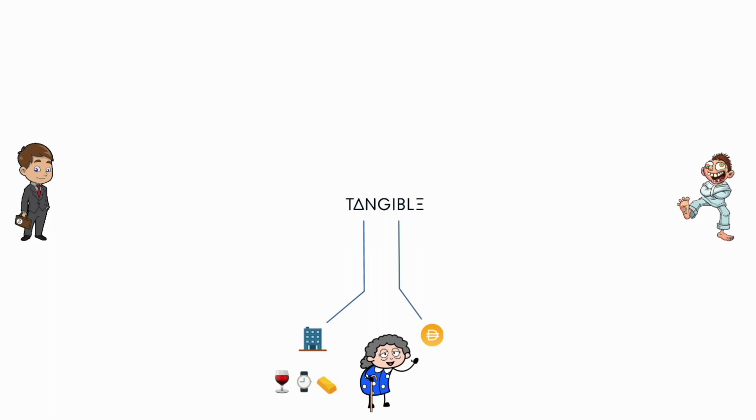So the first thing we talk about is the marketplace. I'm not going to deep dive on the marketplace. You can deep dive yourself or watch my other video. But basically, Grandma has some real world assets and she wants to tokenize and sell them for DAI on the blockchain.